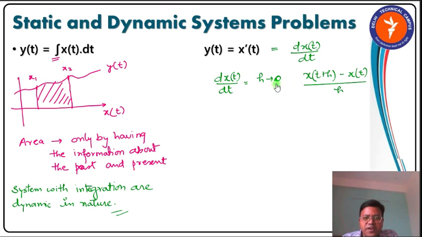This is the definition of the derivative, h tending to 0, where x of t plus h minus x of t divided by h is to be calculated. Now if I consider this to be present, this will be future, or if I consider this to be present, this will be past. So from this I can conclude that the output will depend on the past as well as the future or present. So I will comment that the given system is dynamic.